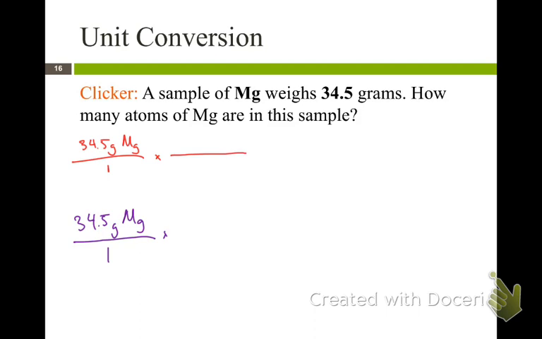So if we go ahead and look at the first way of doing this, we have to figure out how to get from grams to atoms, and specifically for magnesium. And so I said earlier that we know that magnesium, if we have 1 mole of magnesium, that weighs 24.305 grams of magnesium.